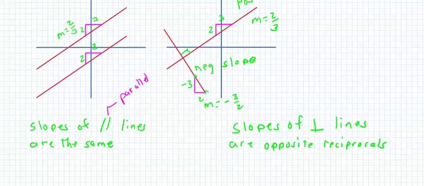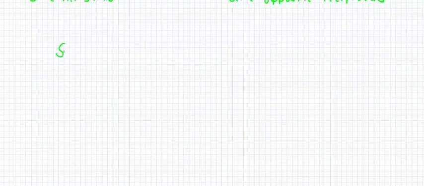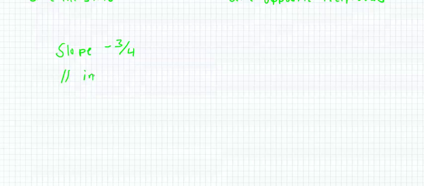So, if I have a slope of negative 3/4 of one line, a parallel line, the slope is negative 3/4.